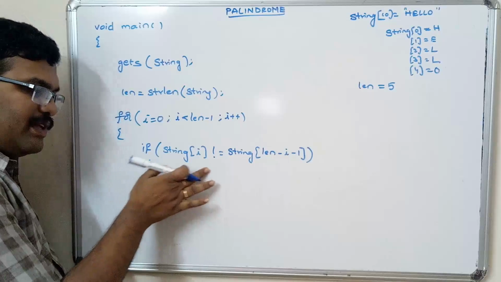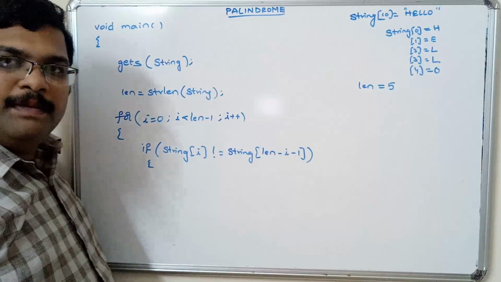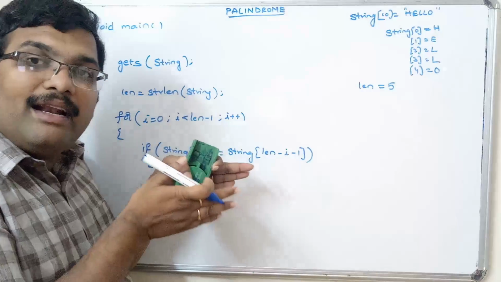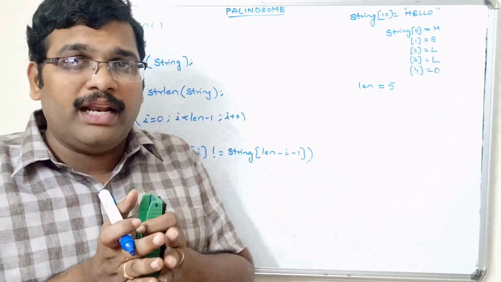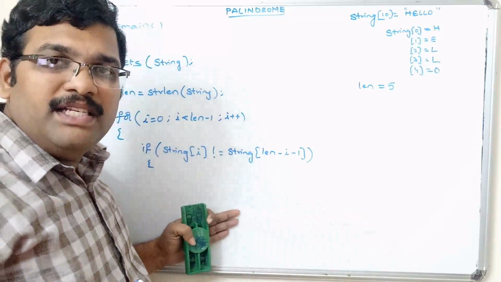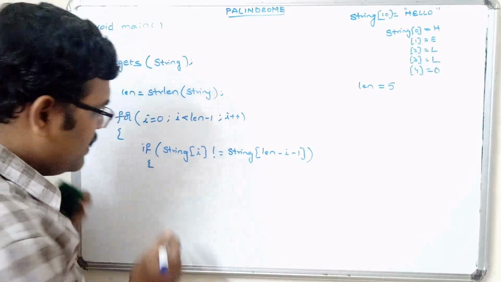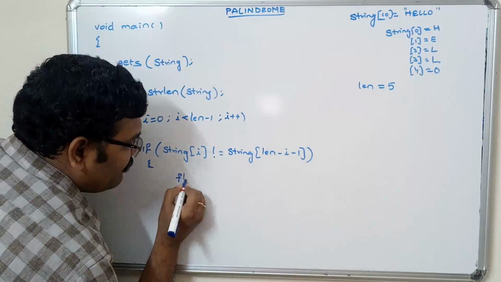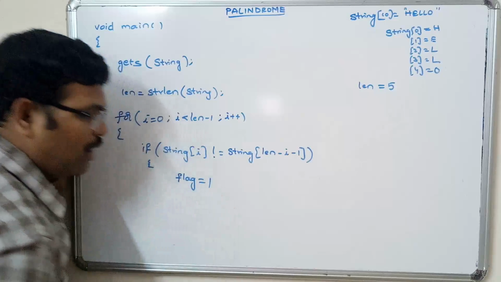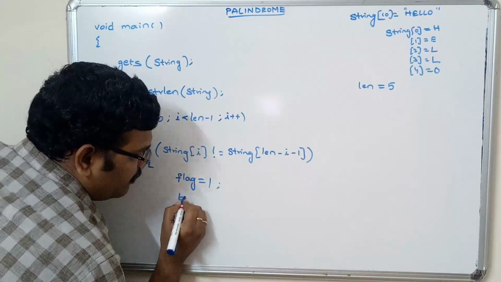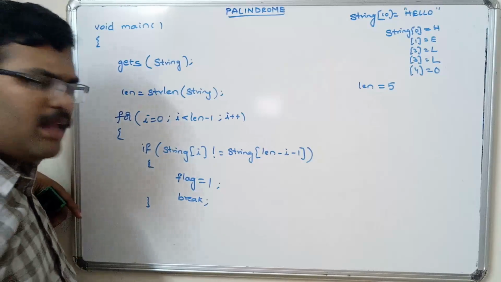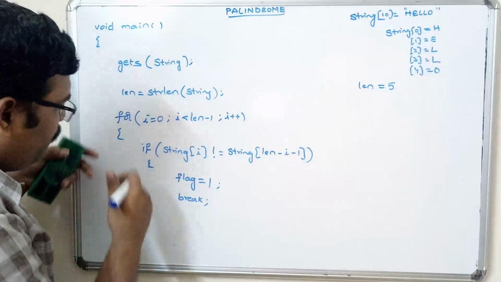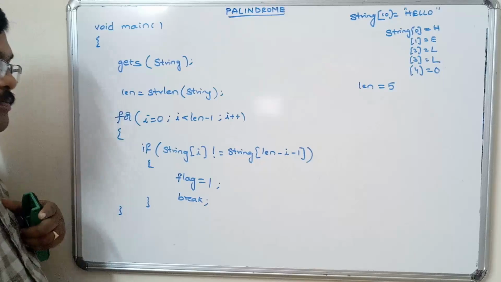If this condition is true, that means even one character is not equal to another character, we can simply say it is not a palindrome, right? So I will initialize flag is equal to 1, and we can break from the loop. Otherwise, the loop will be continued.